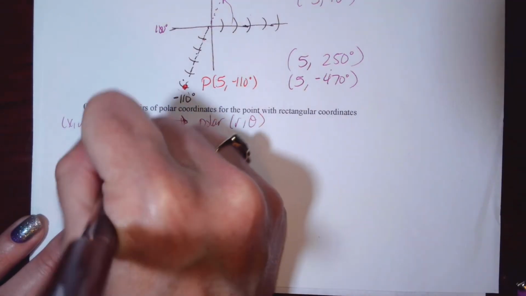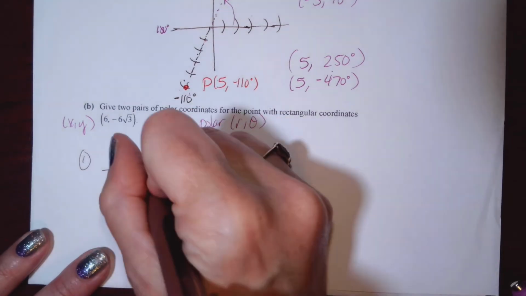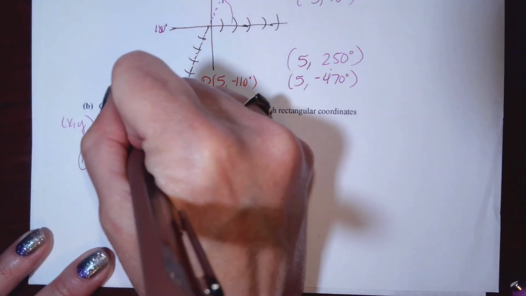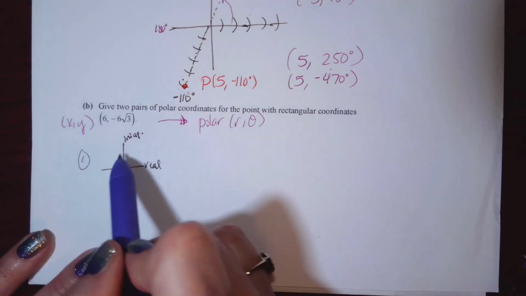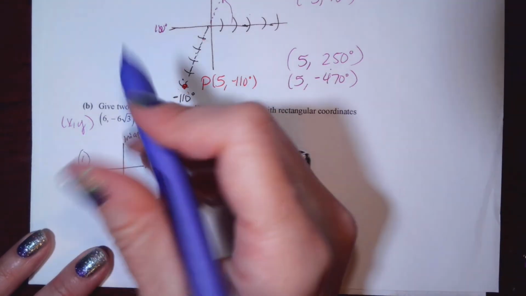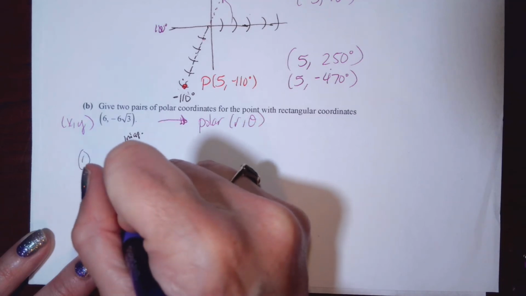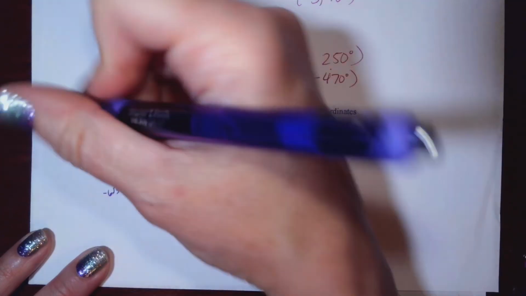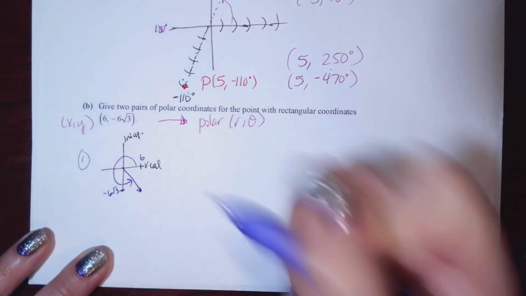My first step is to sketch. Got my real axis and my imaginary axis. And if I have the point positive 6, negative 6 square root 3, I am, say, here. That's going to be the end of that vector. There's my angle. So I'm in quadrant 4.